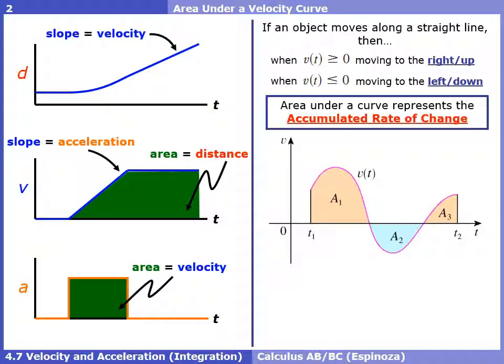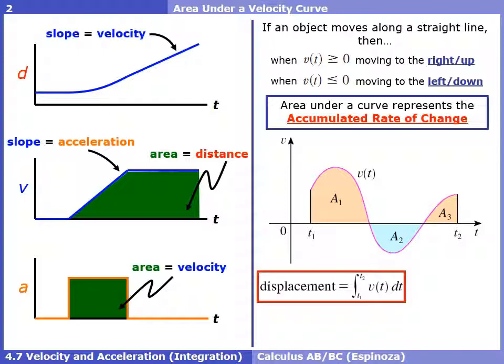The area under a curve represents an accumulated rate of change. And that's key. As we move across this graph from left to right, we accumulate, or add up, the areas. So when we're talking about displacement, we're talking about taking into account the direction of motion.